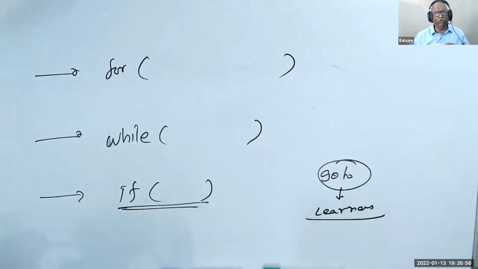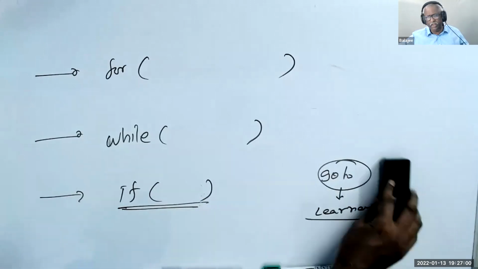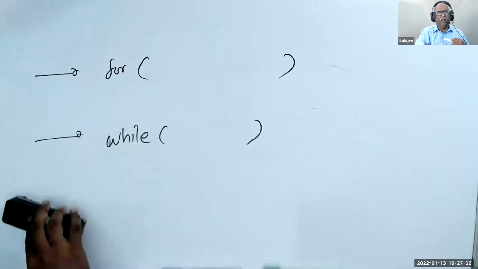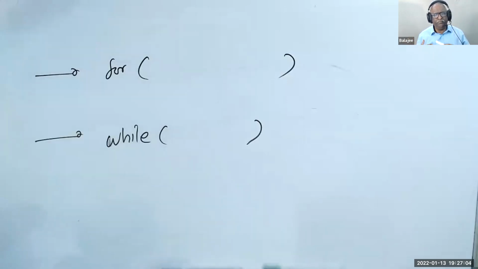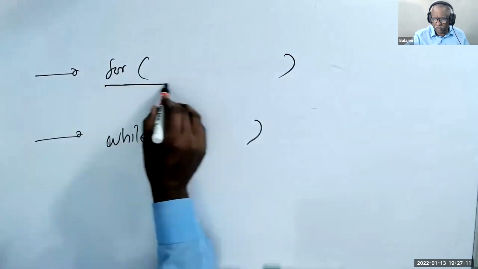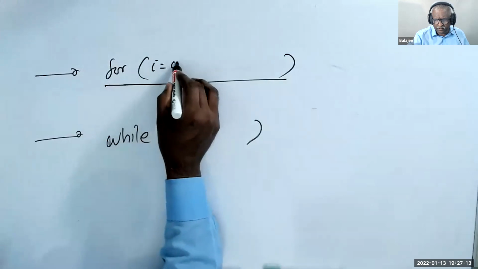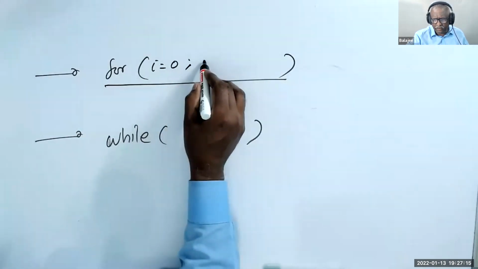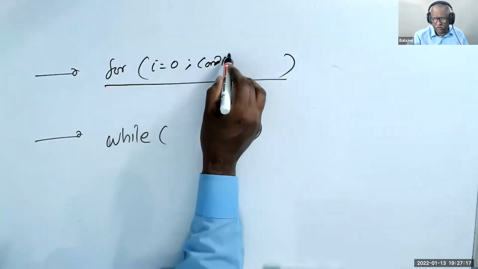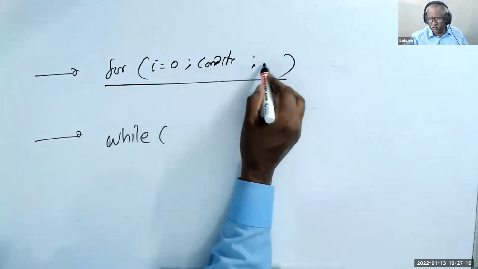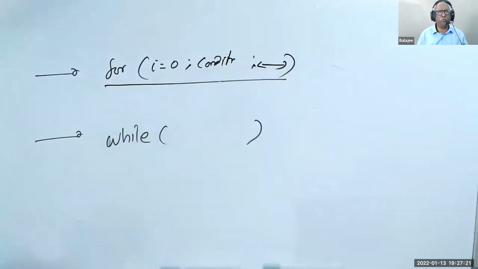If you use goto, you will understand programming very well, because that's a very natural way of learning. But if you start writing a bigger program, goto is not a very good statement. Instead of that, we use for. So you initialize, you check the condition, and you do the action. This is at the end of the action.